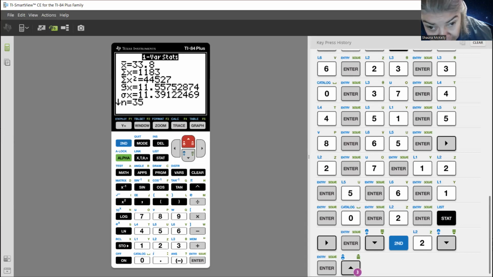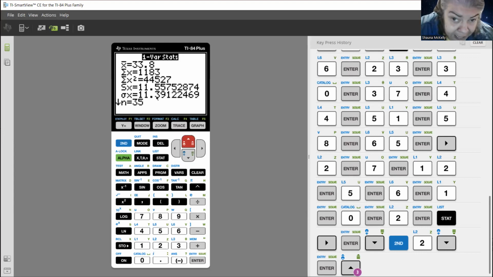Our standard deviation is this number here, 11.55752874. She rounds it to one decimal place. So this 5 that's in the hundredths place makes this first 5 that's in the tenths place a 6. So SX is 11.6.